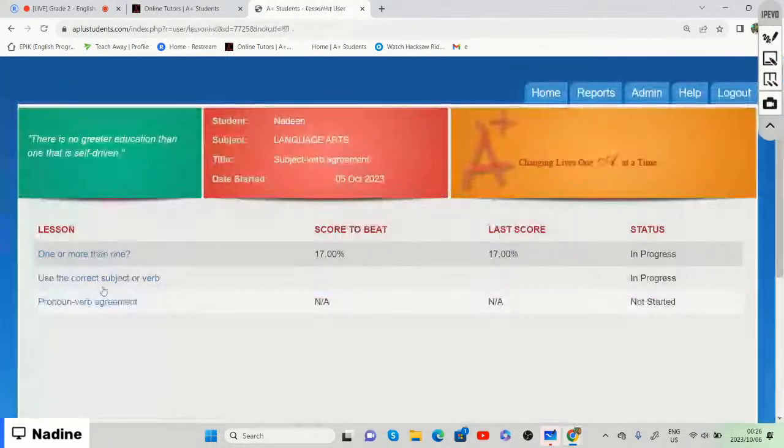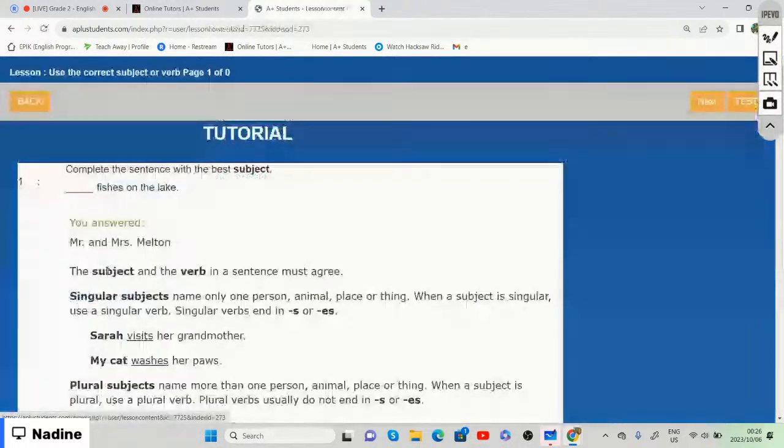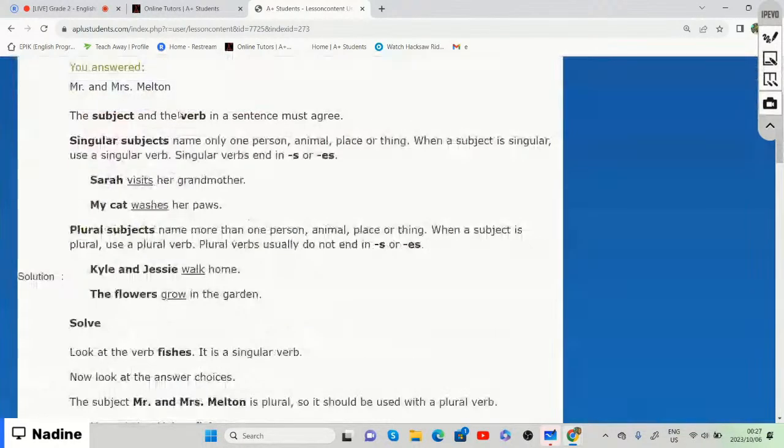All right, so now we're on to the second one, which is use the correct subject or verb. We said that with our subjects, you can have a singular subject and you can have a plural subject.